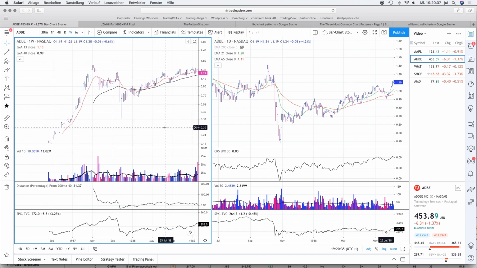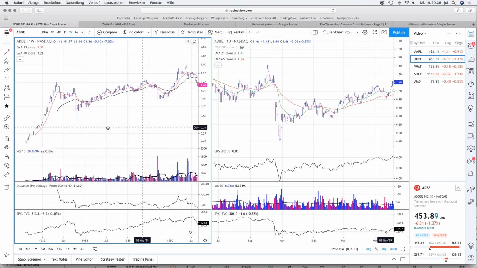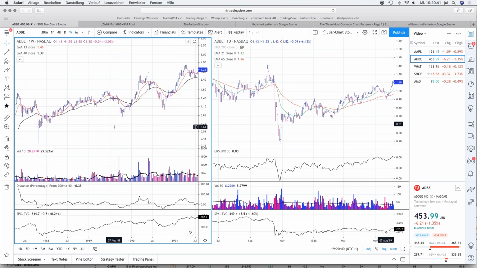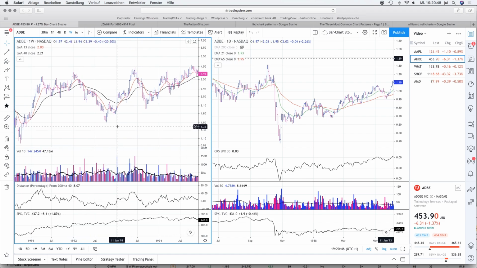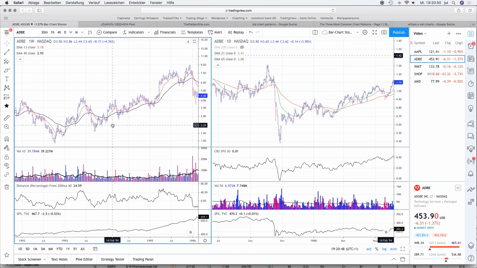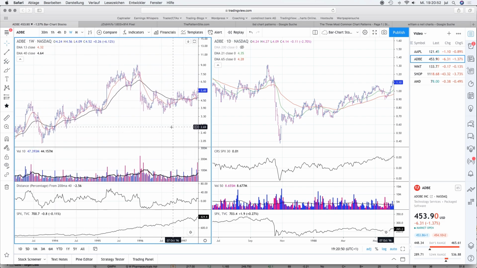But here, when we go a little bit through the history of Adobe, and this is another thing I'm doing, I mostly go through weekly charts here, and then I look for interesting situations in the weekly chart.